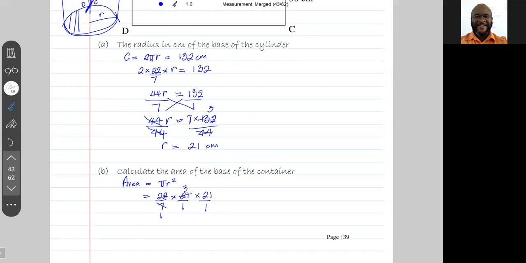So this is 22 times 3 times 21. And the area of the base is 1,386 centimeters square.